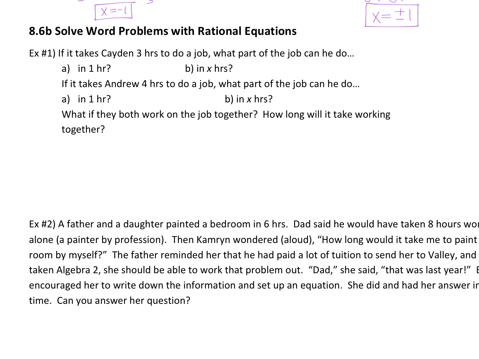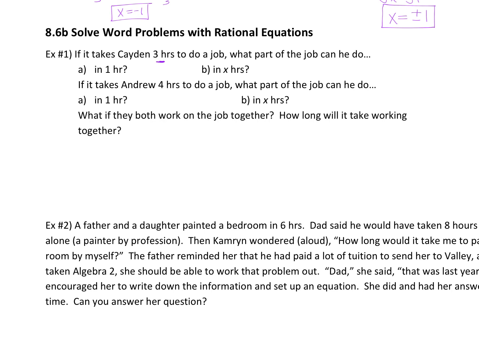So it says, if it takes Caden 3 hours to do a job, what part of the job could he do in 1 hour? Why? If it takes him 3 hours, what fraction of the job can he do in 1 hour? 1/3, right? 1 of the 3 hours. So 1 hour would be 1/3.